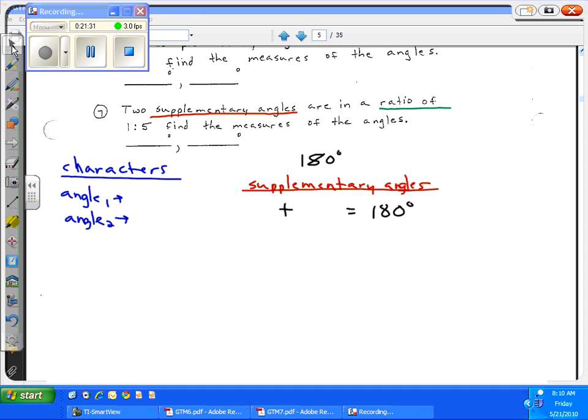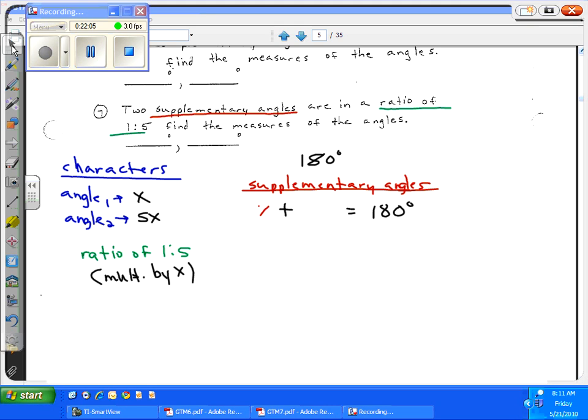And we keep reading, and it says they're in the ratio of 1 to 5. And so we have the special rule of things in a ratio. To assign variables to things in a ratio, you multiply each member of the ratio by x and have only one name. So we're going to have 1 times x is x, and 5 times x is 5x. And so the variables assigned to these angles are x and 5x. They both have an x, so there's only one name.